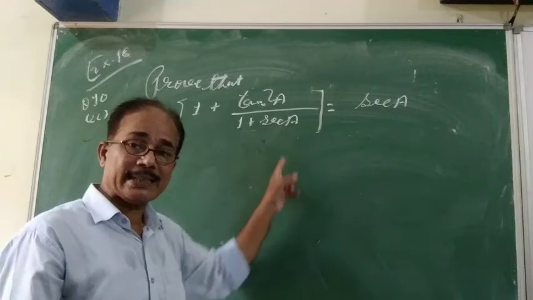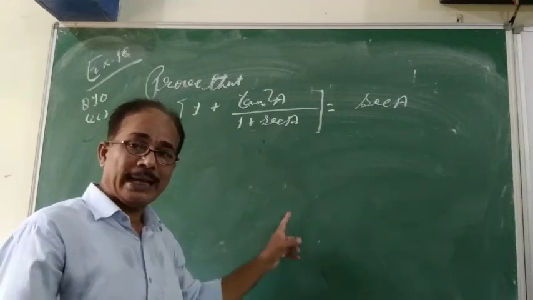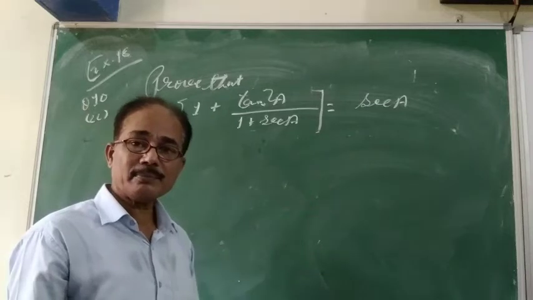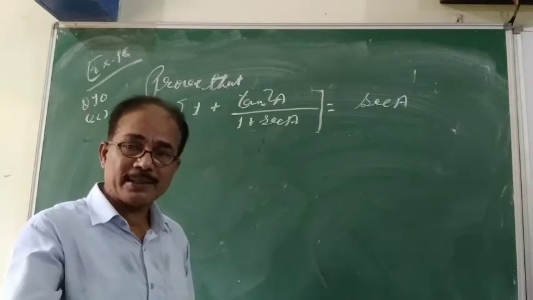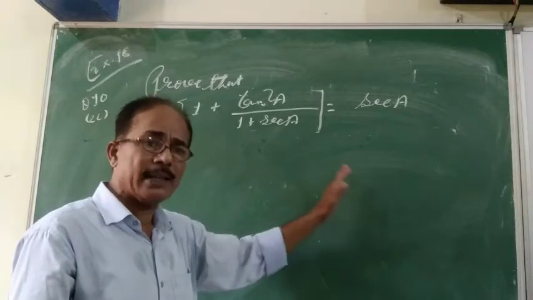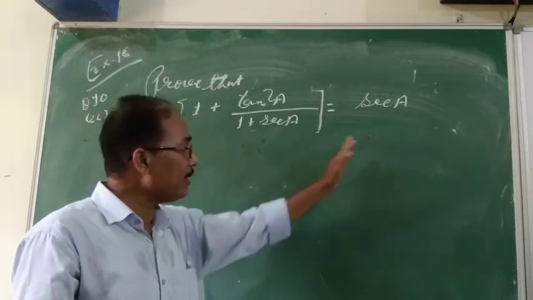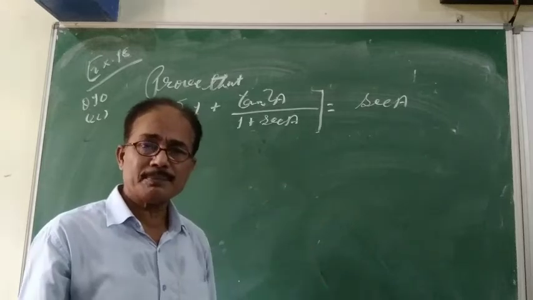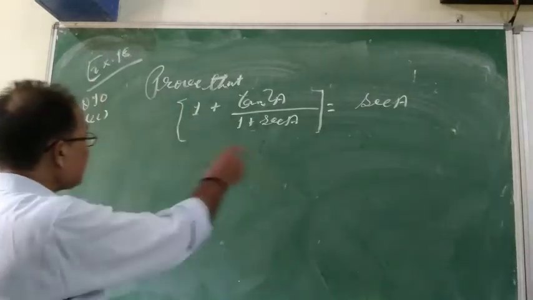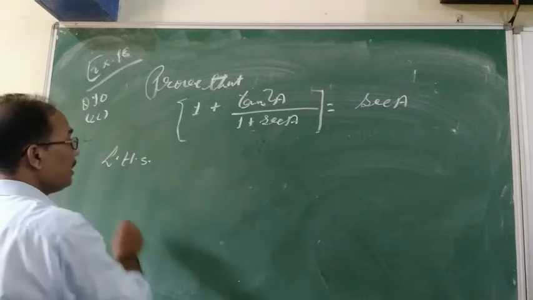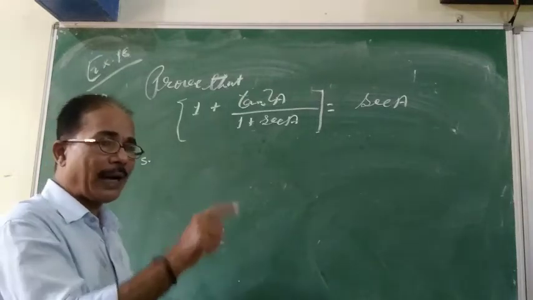Then split the LHS and find the solution. Again, split the RHS and find the result. Lastly, the result of the LHS and the result of the RHS should be equal. Then the question will be proved. So we split the LHS using the formula of identity.